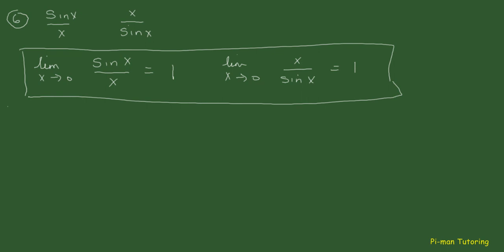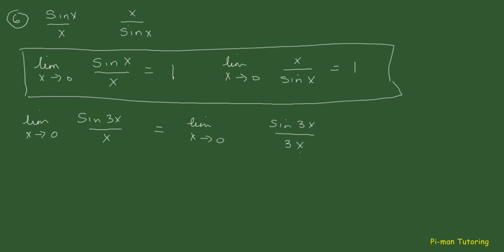For example, if you were asked for the limit as x tends to 0 of sine 3x divided by x, all you have to do here is try to make this sine 3x over x look like one of the two expressions in the box. And we can do that by multiplying the bottom by 3. So we get the limit as x tends to 0 of sine 3x over 3x.